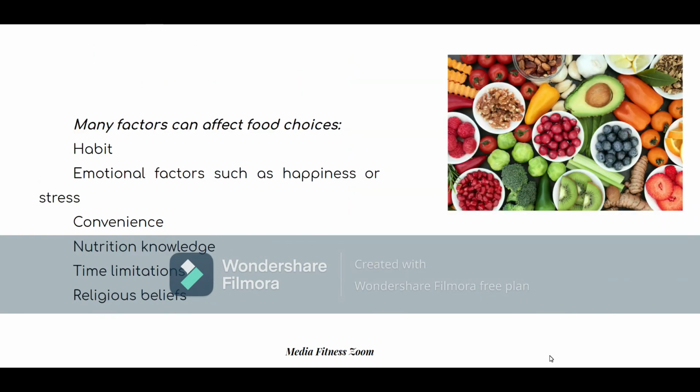So many factors can affect food choices. Of course, habit. By habit, we can make it much easier and much more simple to follow our energy, vitamins, minerals intake without any effort. So we choose what to eat without even sometimes thinking about it.